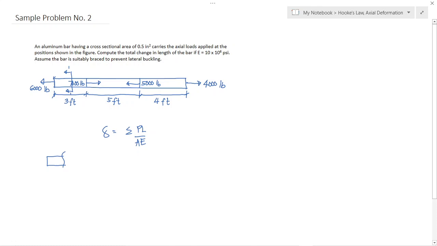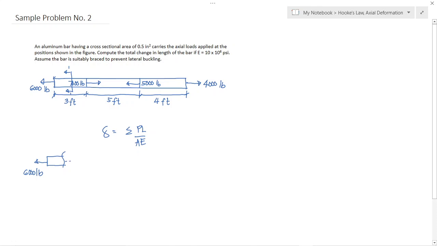So mag-assume ka, it's either yung left or right part of the member yung i-consider mo. So let us consider the left because meron lang tayong 6,000 pounds. Kapag kinonsider mo yung right, may 7,000 ka, may 5,000, may 4,000, but same result lang naman yun. But it is more convenient to consider the left part ng member. So we have here the 6,000 pounds.